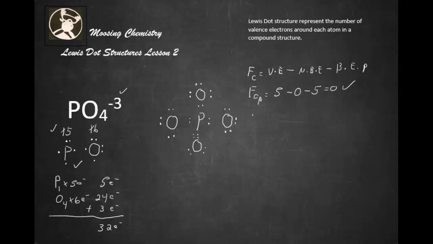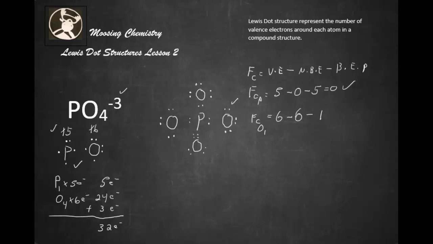Let's look at the formal charge of these oxygens. We're actually going to have to do 2 different ones. We'll call the first one O1, and that's going to be this one right here. Oxygen comes in with 6 valence electrons. Non-bonding electrons, we got 2, 4, 6, and bonding pairs, we got 1.